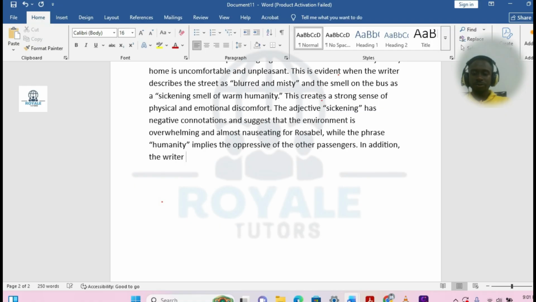The writer describes Roosevelt's feet as "horribly wet."